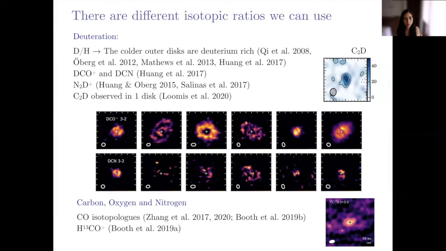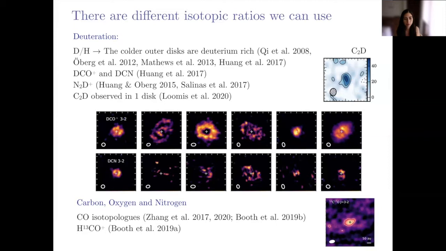This is just an example of a survey from 2019 by Jenny Bergner, where she observed HCN in a sample of 14 protoplanetary disks of different ages and structures.